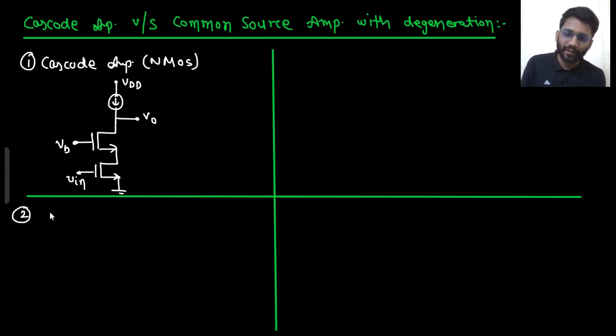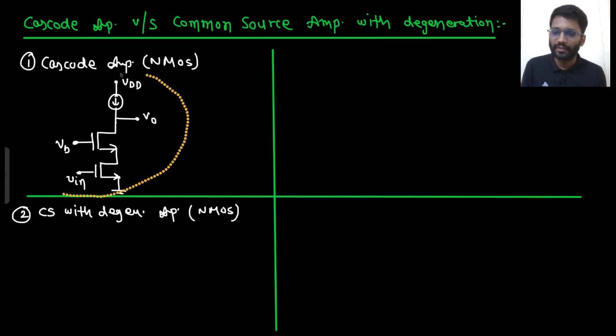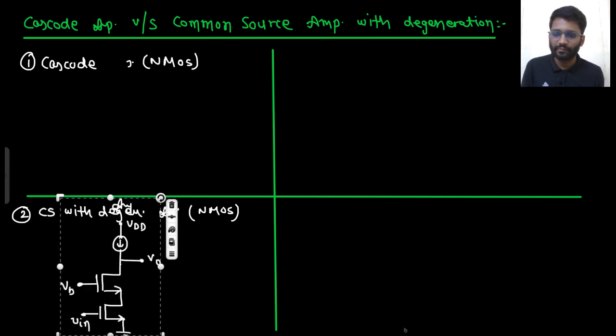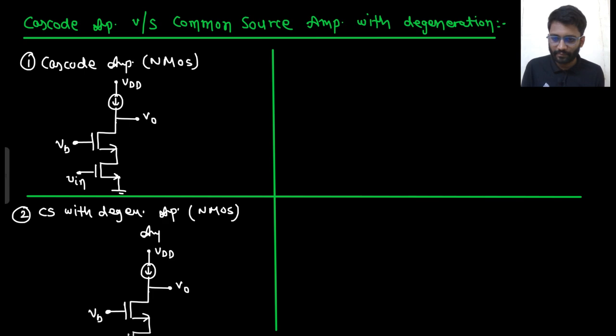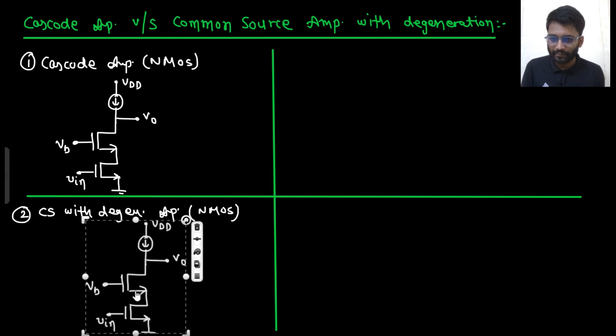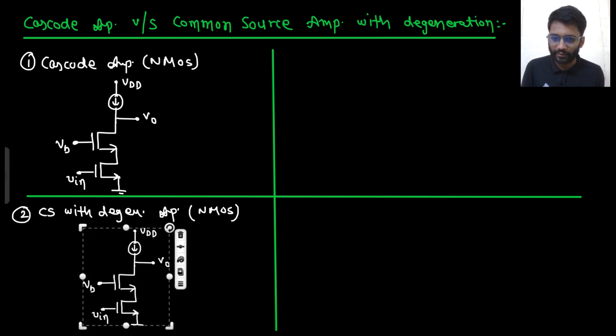And here I will be writing common source with degeneration amp using same NMOS. So what I will do, I will just copy this structure.